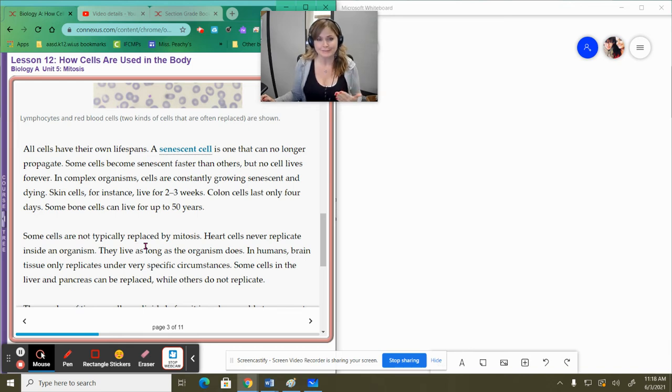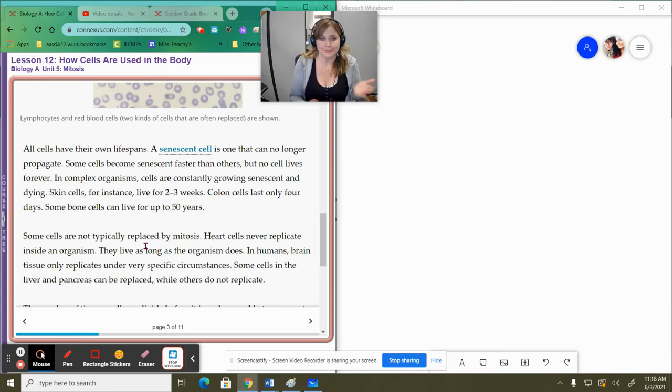The lifespan of cells depends a lot upon the environment and the type of conditions that cell is exposed to. Certain cells have more harsh environmental conditions, and so they need to be replenished and replaced more frequently than others. Your skin is obviously exposed to the outside environment.